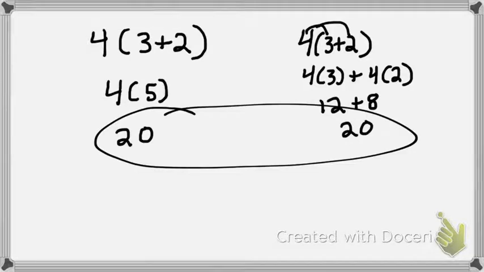Notice that you get the same answer, which means they're both an acceptable way to do it. So why do we do distribution? Because a lot of times we don't have something simple like 3 plus 2. A lot of times we have variables that cannot be easily added or subtracted. So we have to distribute.